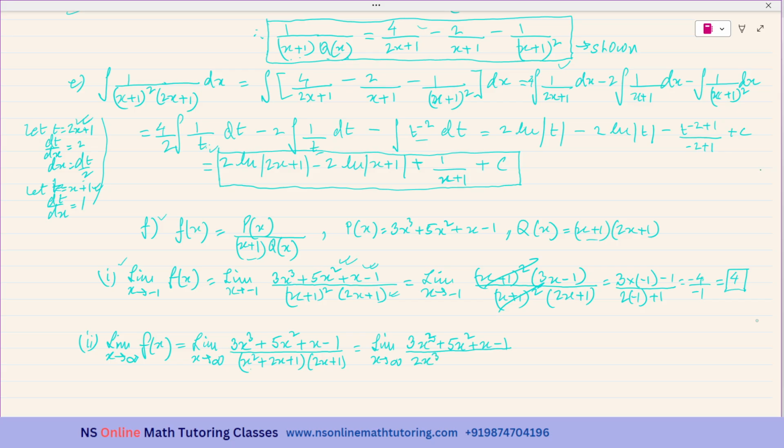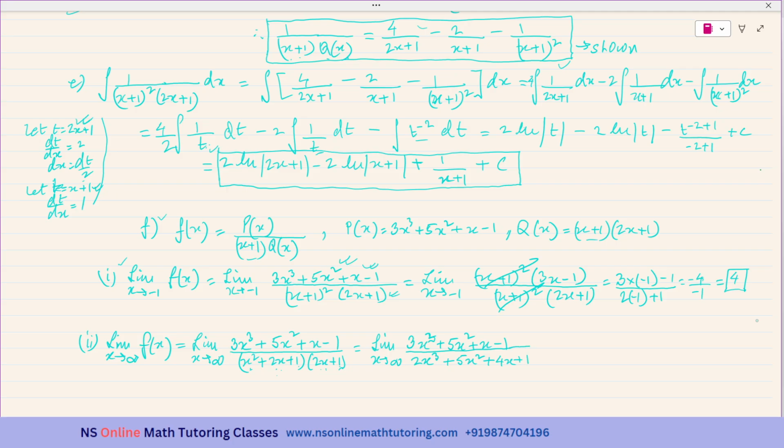Okay. And then this is x² times 1 is x², and this is 2x times 2x is 4x². Okay, so x² plus 4x² is 5x², and then this is 2x. 2x times 1 is 2x, and this is 1 times 2x is another 2x. So 2x plus 2x is 4x. And then the constant term is plus 1.